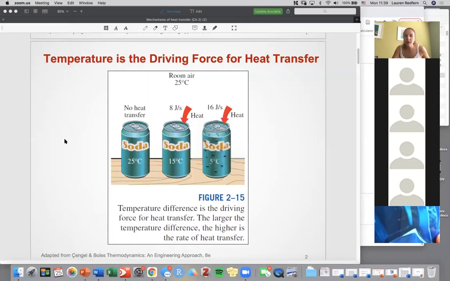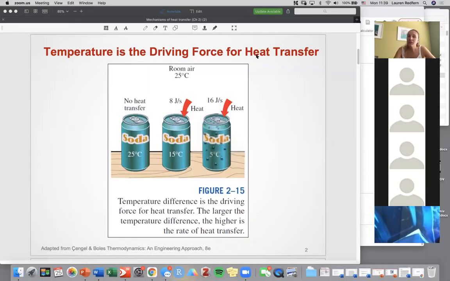So coming back to the lecture materials, temperature is a driving force of heat transfer. If you have an ice cold beverage and you leave it on your counter, it will eventually become the same temperature as the room based on heat transfer. There's a temperature differential between my iced tea and the air of the room. So the air is going to be transferring energy into my cold drink to warm it up to the same temperature.